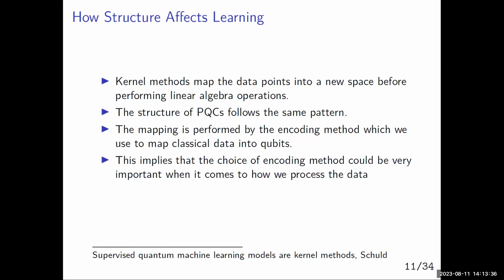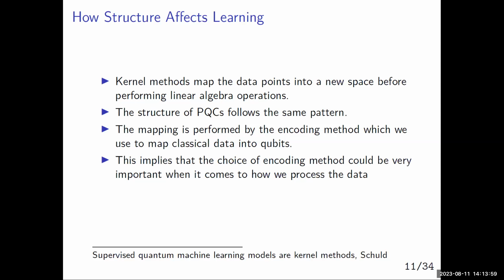Now, we can make an argument from this that the structure of a variational quantum circuit is basically inherently a kernel method. The logic goes: we have classical data, which is what we're feeding into our quantum circuit.